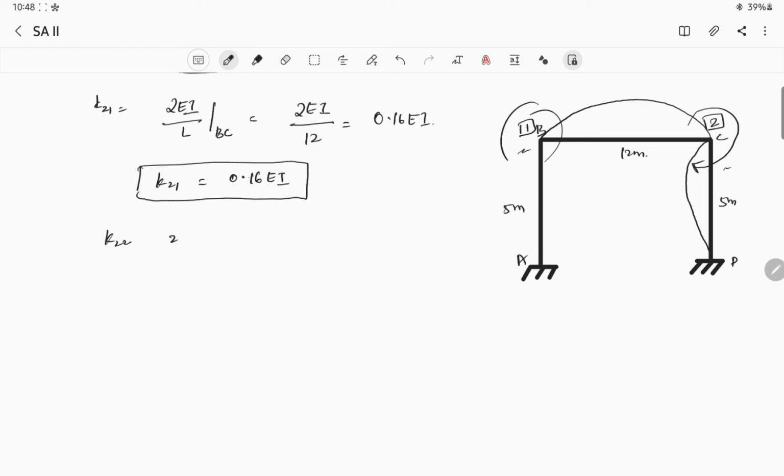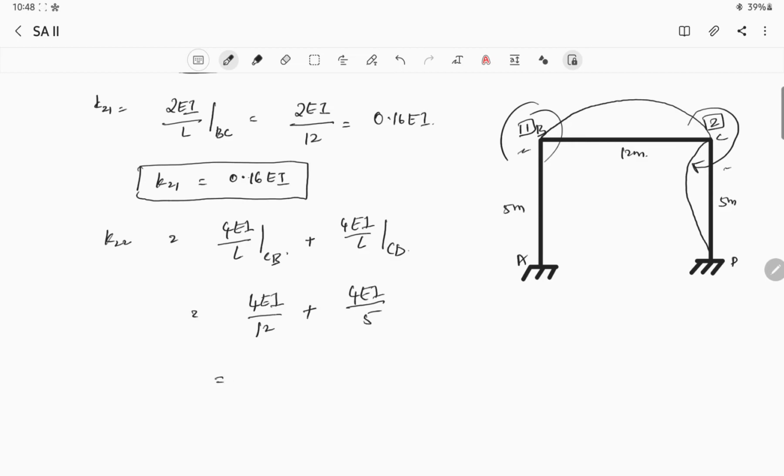K22 is equal to 4EI by L for span BC plus 4EI by L for span CD. I can write it as CB also. So 4EI by 12 plus 4EI by 5. Span CD is 5 meters and span CB or BC is 12 meters.